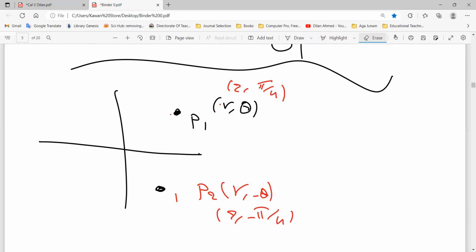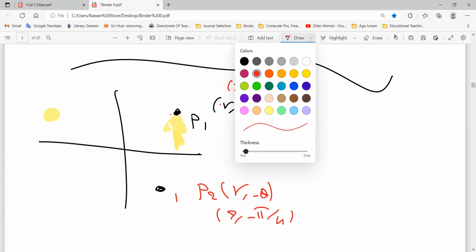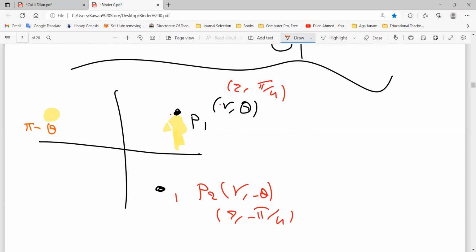Well done. So you should go to the second quadrant to come here. So if this angle is theta, and I want to come to the same angle, let me fix the angle first. I say pi minus theta, am I right?